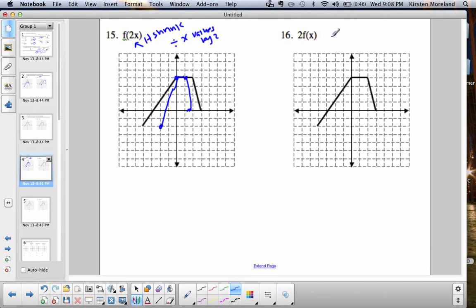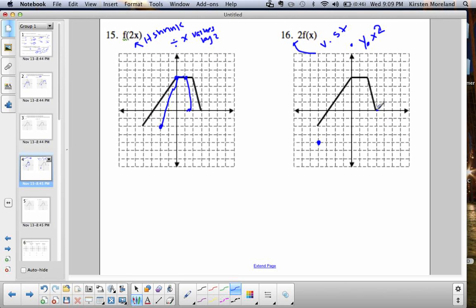Alright, now I look over here, and this 2 is outside, which means it's got the word vertical. In this case, it's a vertical stretch. So what I'm doing is taking the y values and timesing them all by 2. That means this one was originally at -2, so it's now going to be at -4. This was originally at 4, so it's now going to be at 8. It goes a little off my graph.